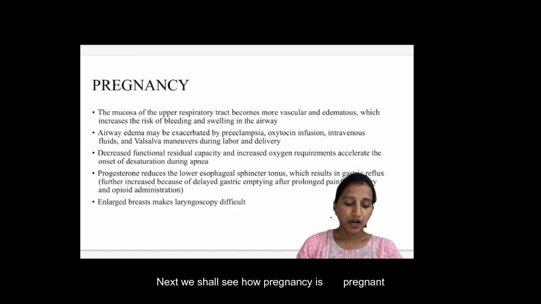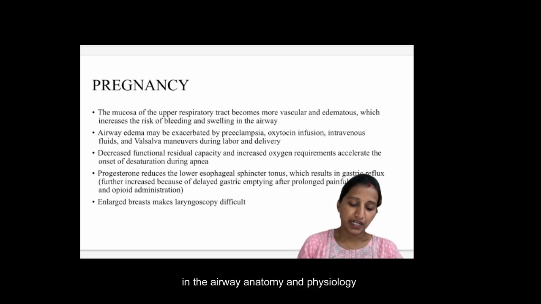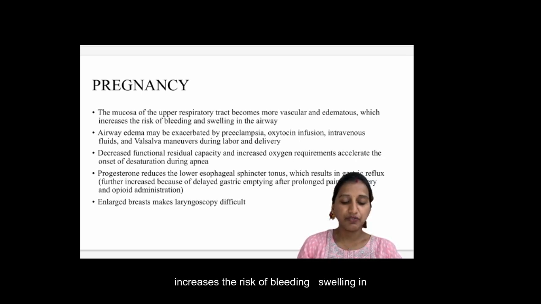Next we shall see how a pregnant patient has differences in the airway anatomy and physiology. The mucosa of the upper respiratory tract becomes more vascular and edematous, which increases the risk of bleeding and swelling in the airway.